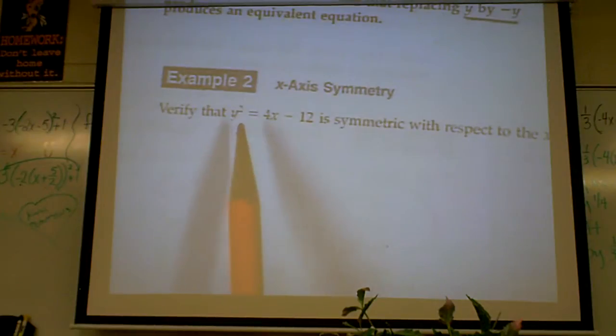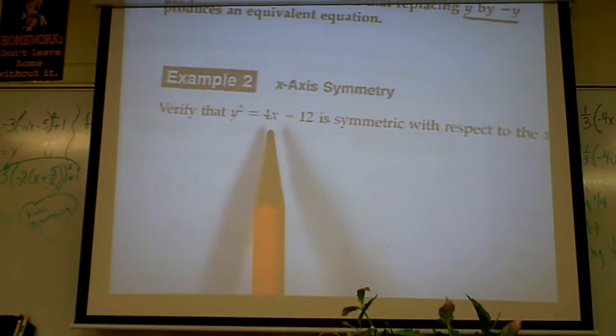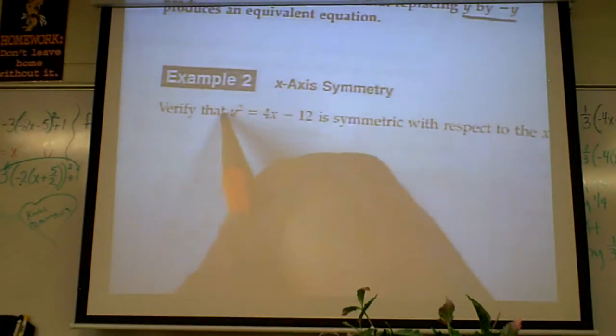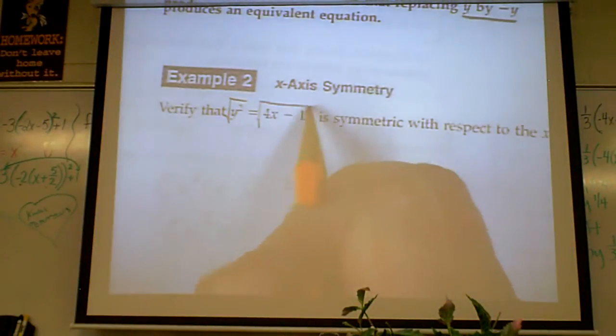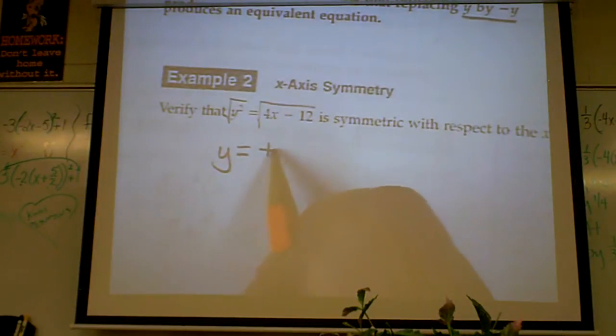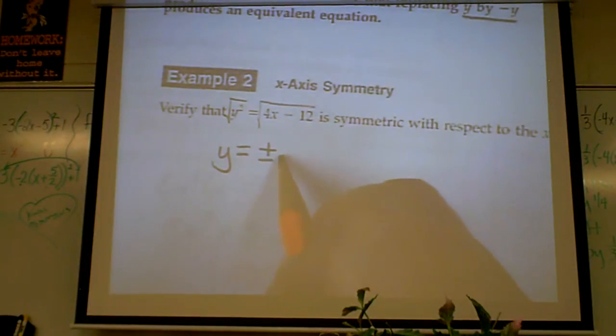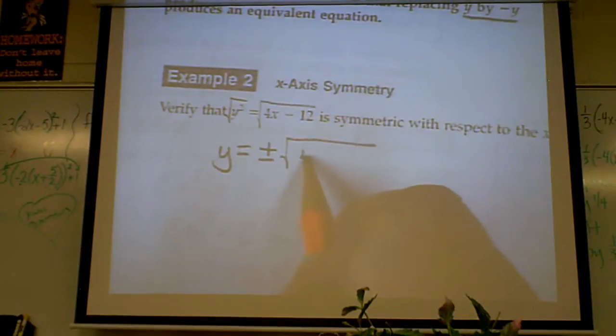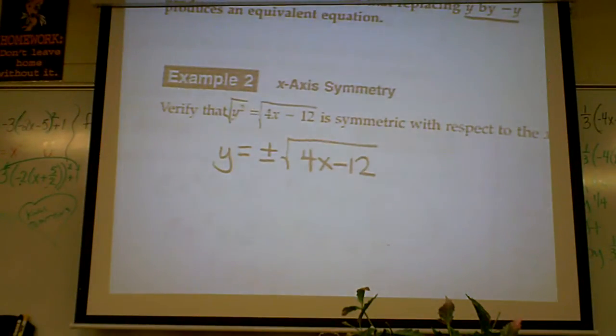How would I type y squared in my calculator? What would I do? Square root of 4x. Oh, you'd have to take the square root of both sides, and you get y equals plus or minus. That's how you would type it in.